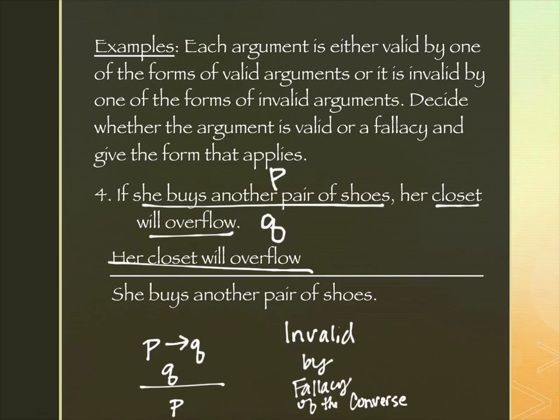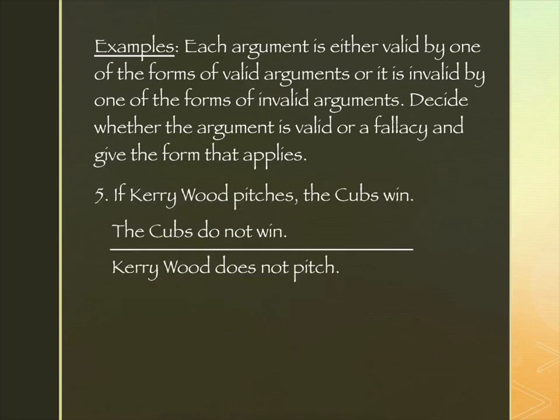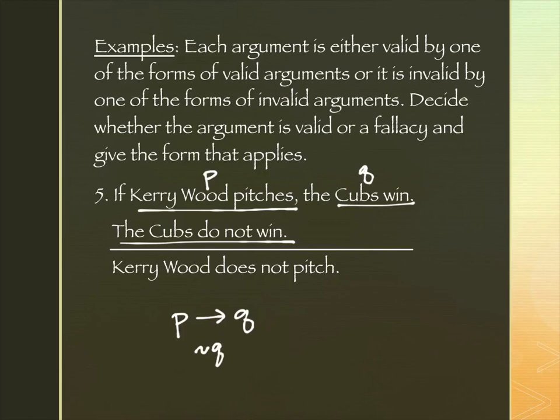Second one. If Carrie Woods pitches, the Cubs win. So Carrie Woods pitches is P. The Cubs win is Q. So the first statement, much like the last one, is P implies Q. This says the Cubs do not win. That's the negation of Q, right? The Cubs winning is Q. The Cubs not winning would be tilde Q. Is that okay with everyone? You do my therefore line. It says Carrie Woods does not pitch.